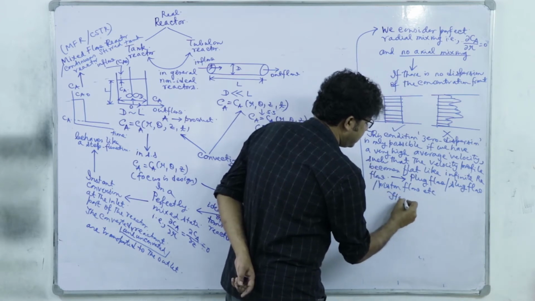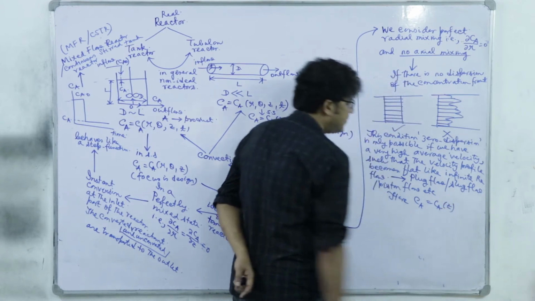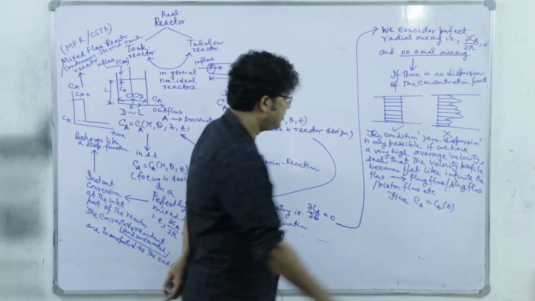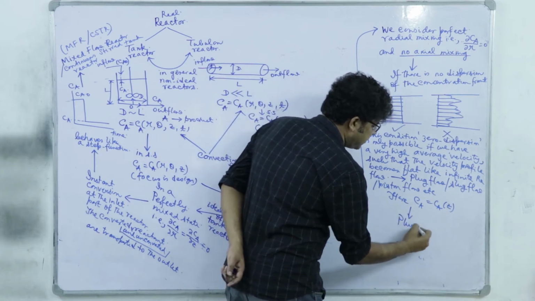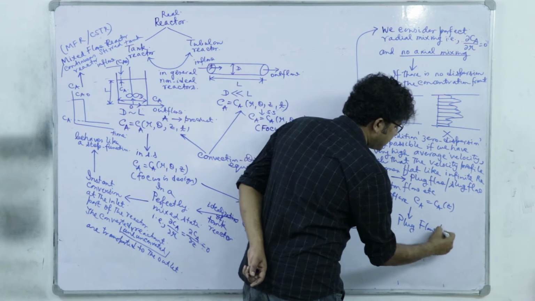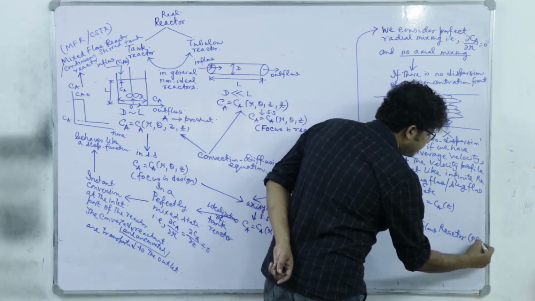Here we have Ca as a function of Z only, right? And the corresponding reactor is called the plug flow reactor or PFR.